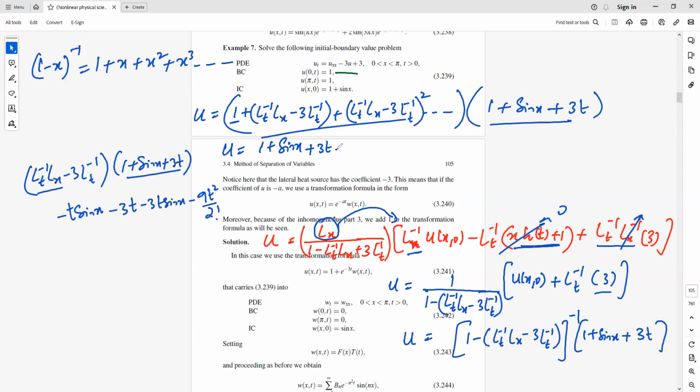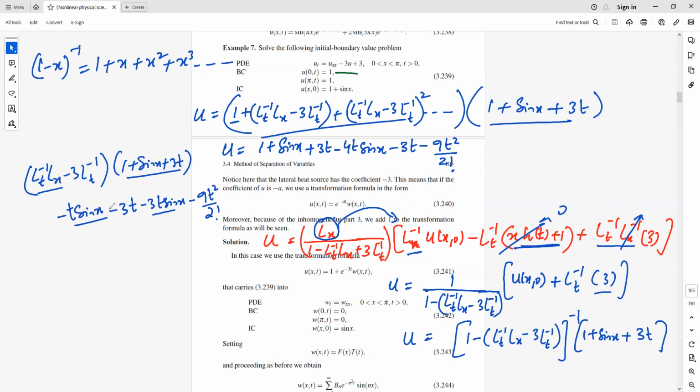So we write it here that negative 3t negative t, which gives negative 4t sine x minus 3t minus 9t squared over 2 factorial.